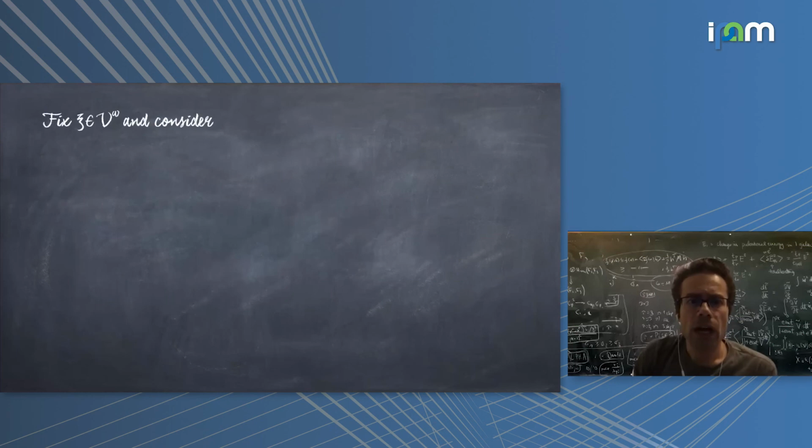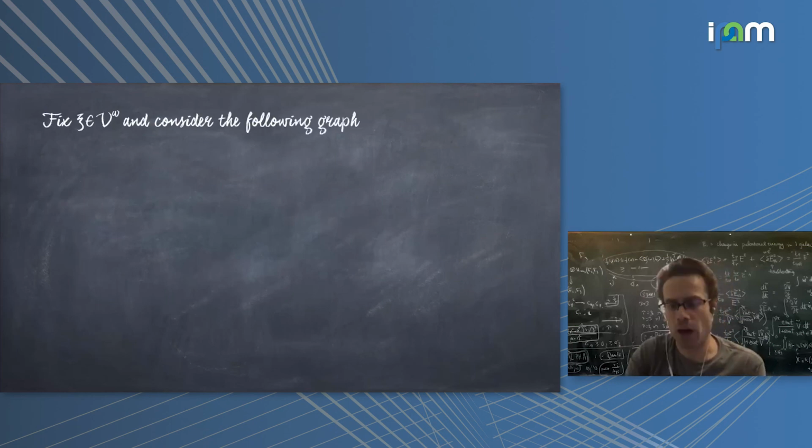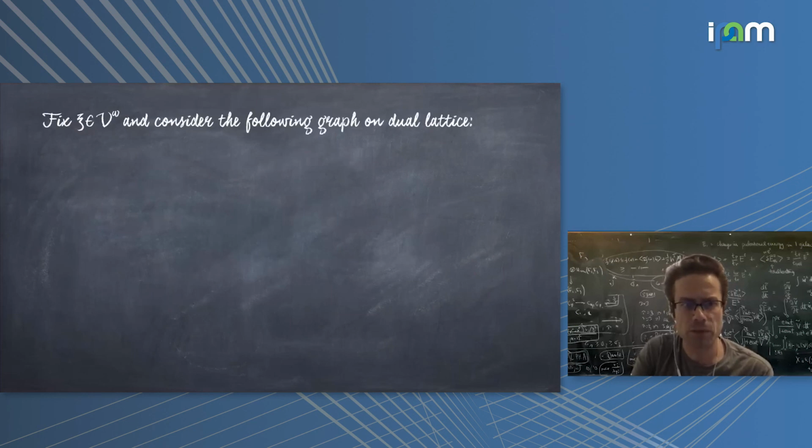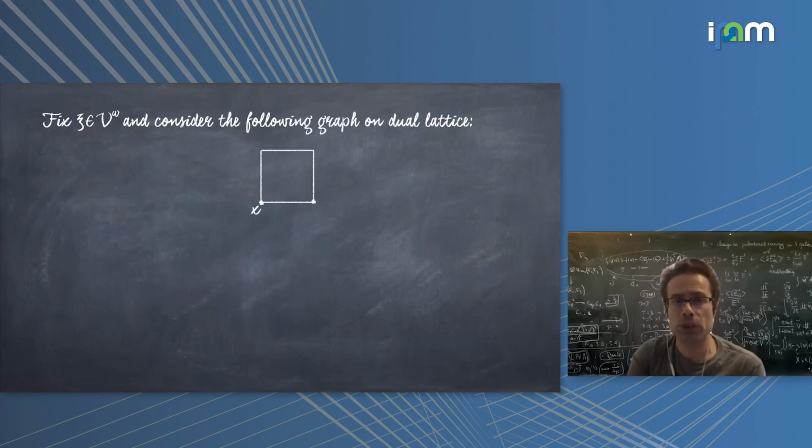So here's the graph now, just to describe that red graph that I mentioned on the slide at the beginning. Consider the following graph on the dual lattice. For a direction that's an exceptional direction, there are some sites for which there are issues with coalescence.